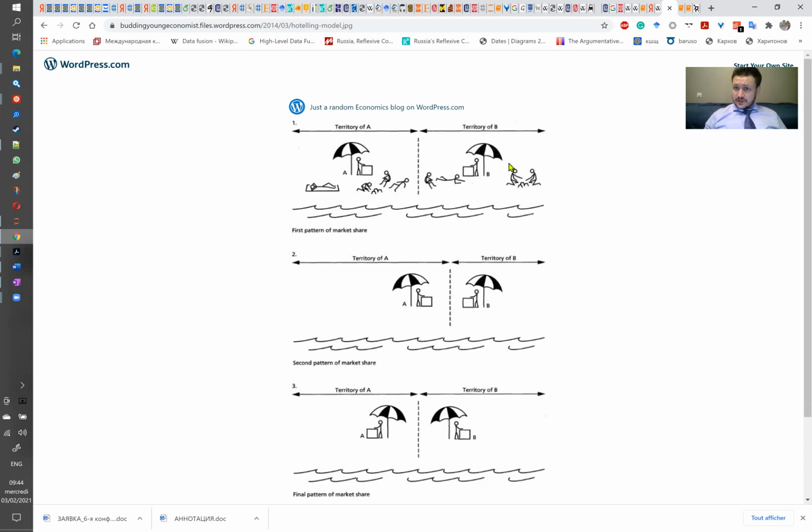So customers from the left go to seller A. This is the territory of A, and the right part of the beach, these customers will go to seller B. It's very intuitive, so there is no great problem with understanding it.